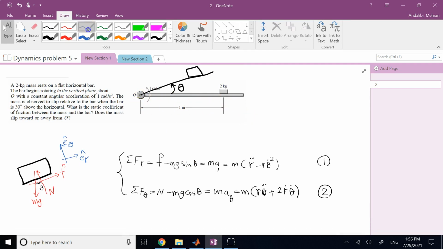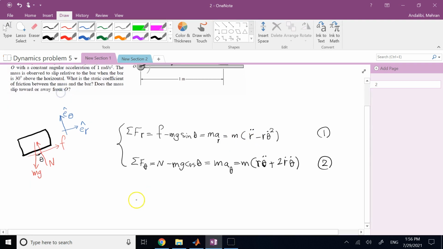So if we solve for these equations when theta is equal to 30 degrees and r is equal to 1 meter and it is constant, which means if you take time derivatives, r dot is going to be 0 and r double dot is going to be 0. Okay, so there is no radial motion before you get to 30 degrees.